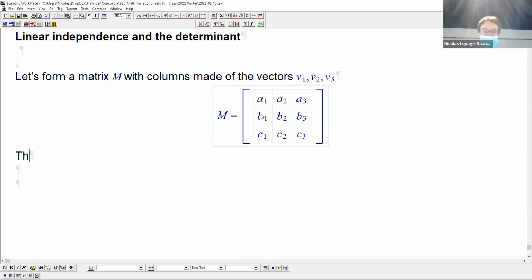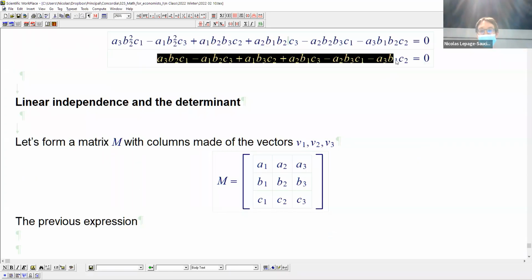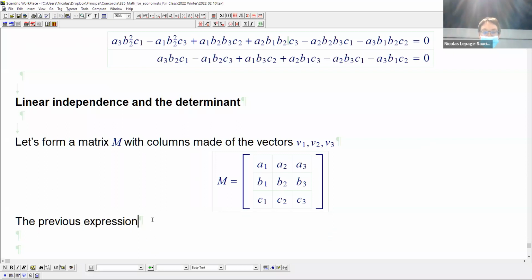So the previous expression that we just found, this expression there, is called the determinant of M, which we write with vertical bars.